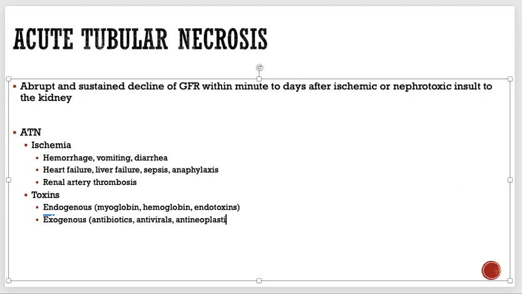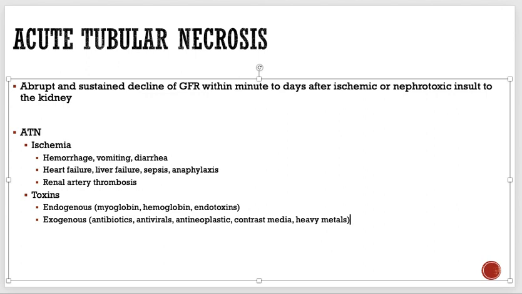Or anti-neoplastic drugs like cisplatin, methotrexate, and contrast media, which we give for many studies to take imaging. We put contrast in the blood, they are nephrotoxic, okay. Heavy metals are nephrotoxic, as well as many others, but you must remember one or two names, right?